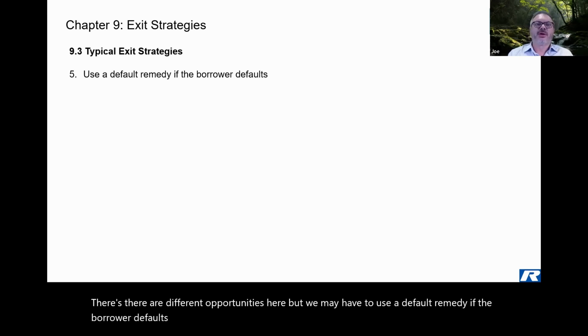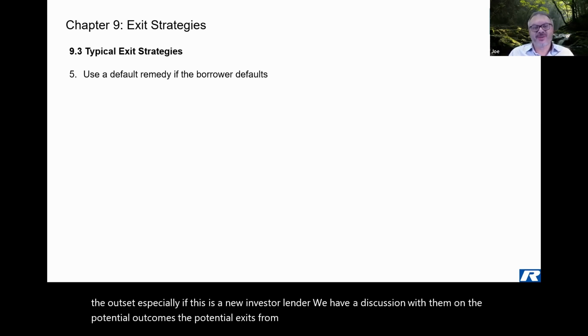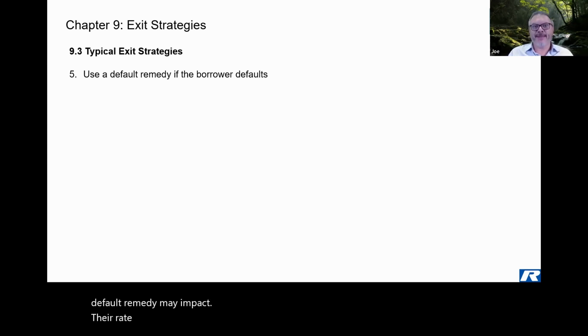So I would suggest that we have a conversation with the investor lender at the outset, especially if this is a new investor lender. We have a discussion with them on the potential outcomes, the potential exits from this transaction. One of the exits being a default remedy may impact their rate of return, and it may impact if they receive their entire investment back.